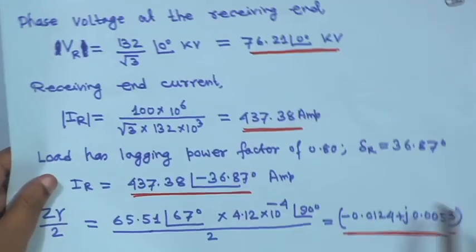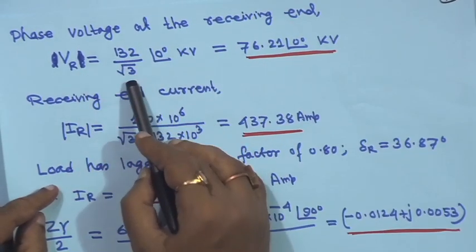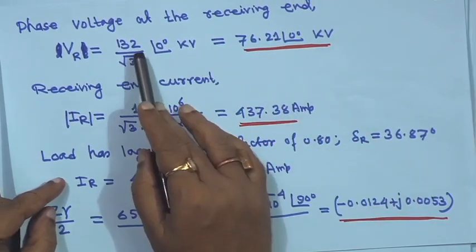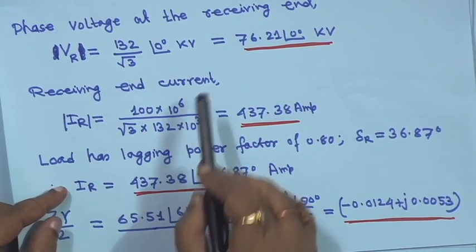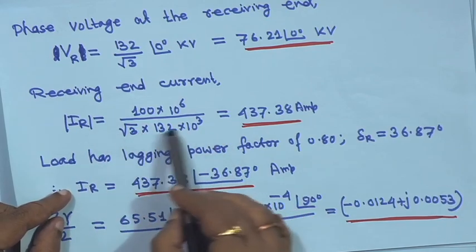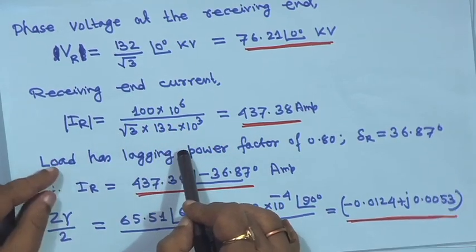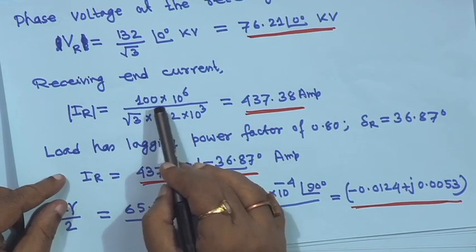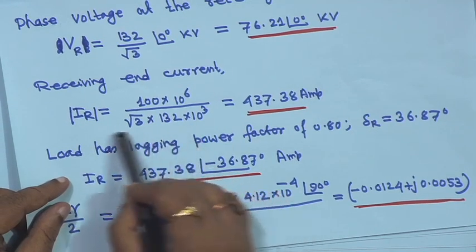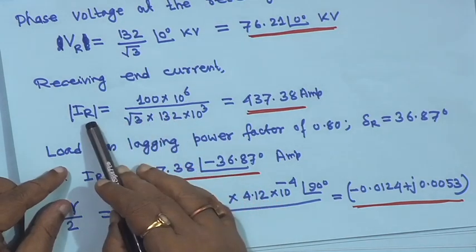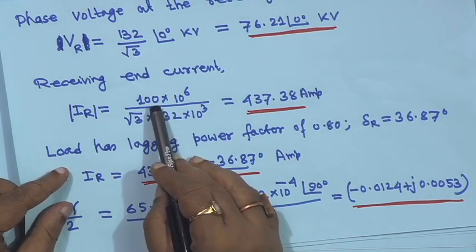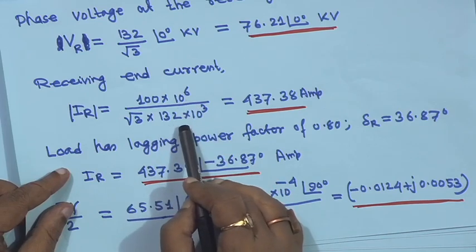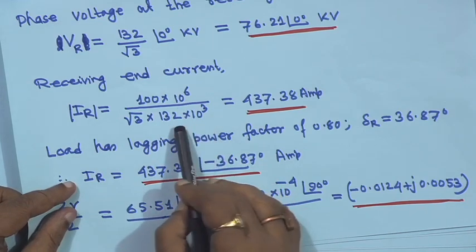Now, the phase voltage at the receiving end VR is equal to 132 by root 3, so 76.21 angle 0 degree kV, because this is given. The receiving end current IR is found from the MVA: root 3 times VL times IR equals 100 MVA, made into volt ampere, with 132 into 10 to the power 3 as the voltage in volts.